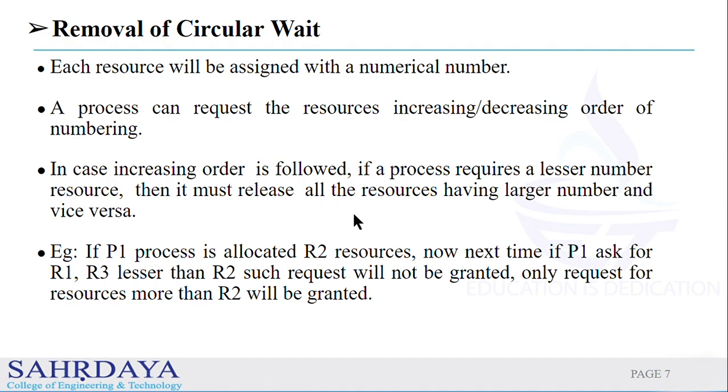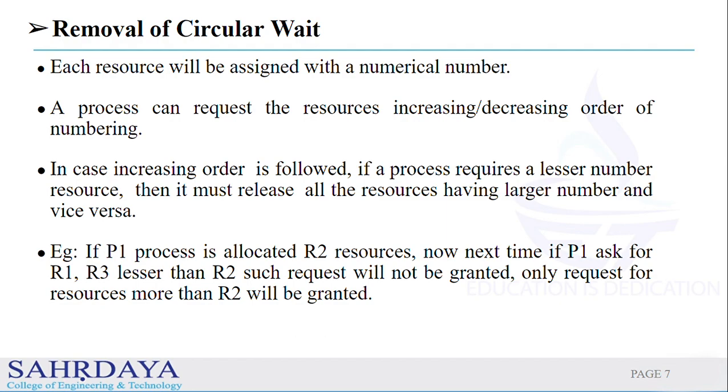Just assign an integer, or even say a priority, to each resource, and make sure that a process can only request resources in strictly increasing or strictly decreasing order. Then there would never be circular wait.